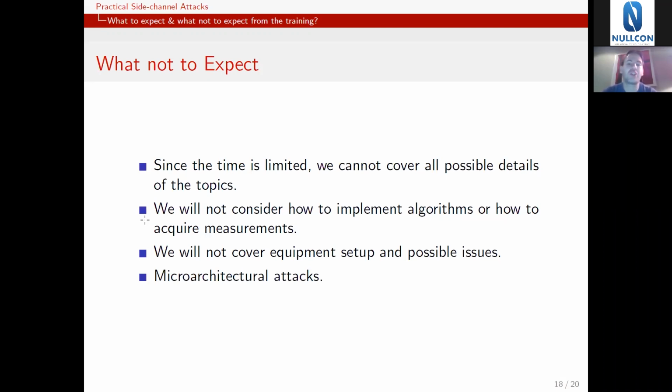Connected with that, we will also not cover equipment setup and possible issues coming from that. Important, although microarchitectural attacks are a type of side channel attacks, we will not cover microarchitectural attacks in this course. And finally, although I said we will run machine learning algorithms and deep learning algorithms, those algorithms will be a little bit simpler, a little bit smaller.